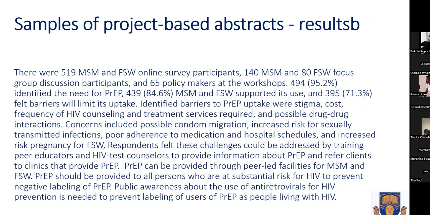Concerns include condom migration, increased risk for STIs, poor adherence to medication, increased risk for pregnancy for female sex workers, and respondents felt these challenges could be addressed by training peer educators and HIV test counselors to provide that. PrEP can be provided through peer-led facilities for MSM and female sex workers. PrEP should be provided to all persons who are at substantial risk to prevent negative labeling. Public awareness will prevent the labeling of users of PrEP as people living with HIV.